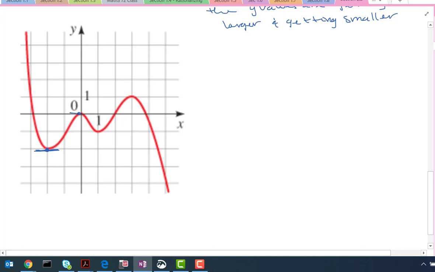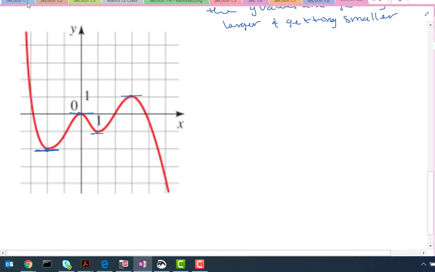Same thing here. This is neither increasing nor decreasing. These are called peaks and valleys. The peaks are the mountain looking ones and valleys are the bowl looking ones. So that's where it's neither increasing nor decreasing.